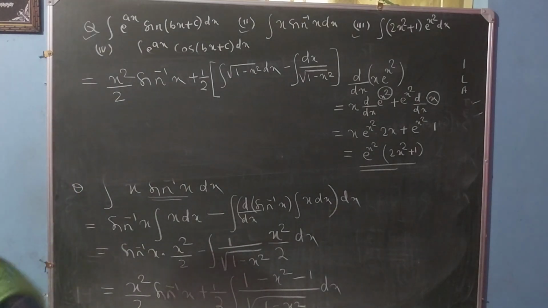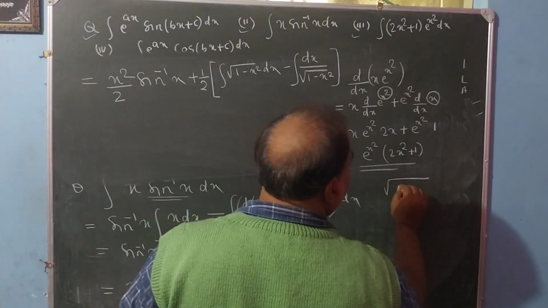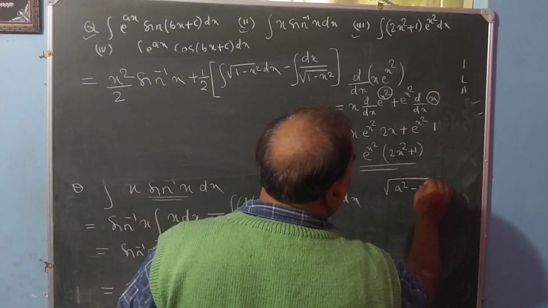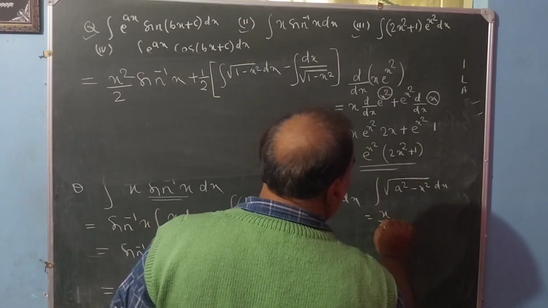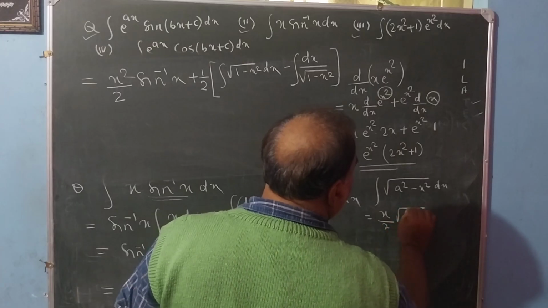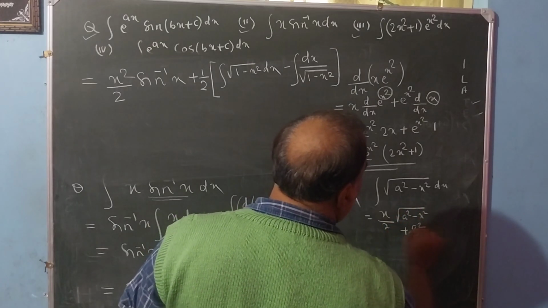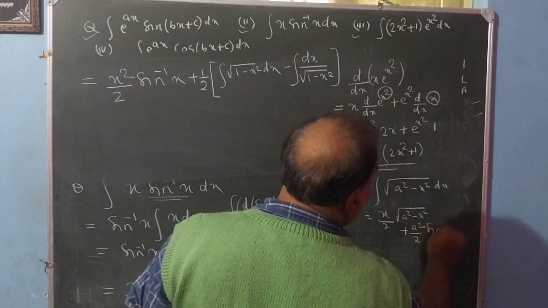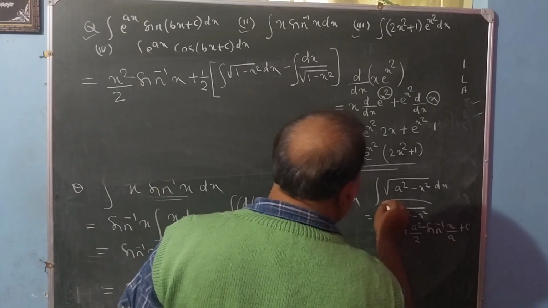We know that integration of root over of a square minus x square, we know one formula is there, integration of root over of a square minus x square is x by 2 root over of a square minus x square plus a square by 2 sine inverse x by a plus c. So this is the formula.